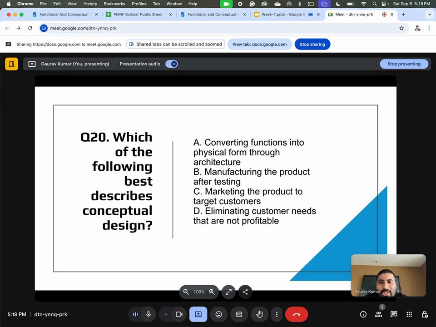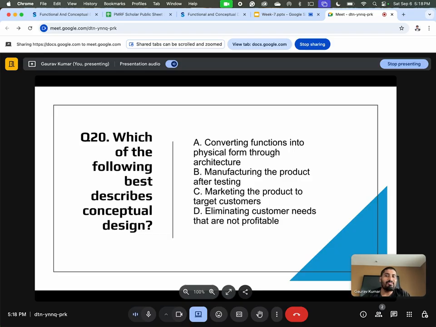So the conceptual design is the stage where abstract functional models are converted into a product architecture, and it answers the how question. How will the identified functions be realized physically?